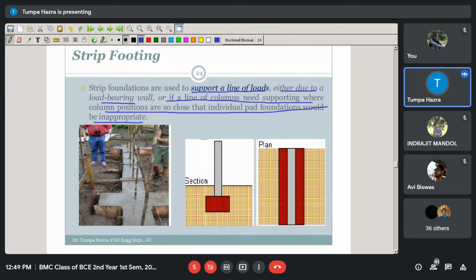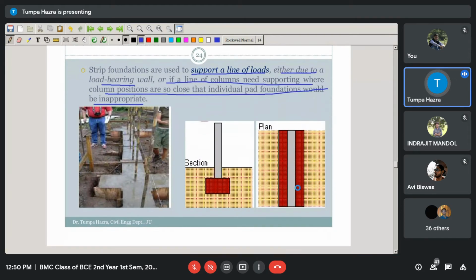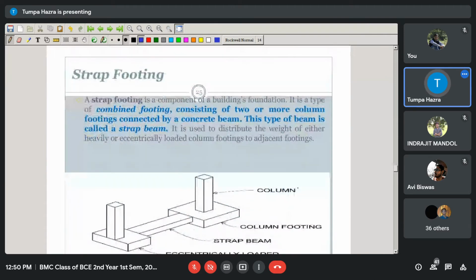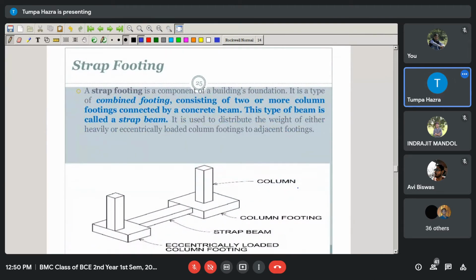Here you can see the construction of the strip foundation, built to support the loads of a series of columns. This is the elevation of the strip foundation, and this is the plan. There is another type of footing known as strap footing.